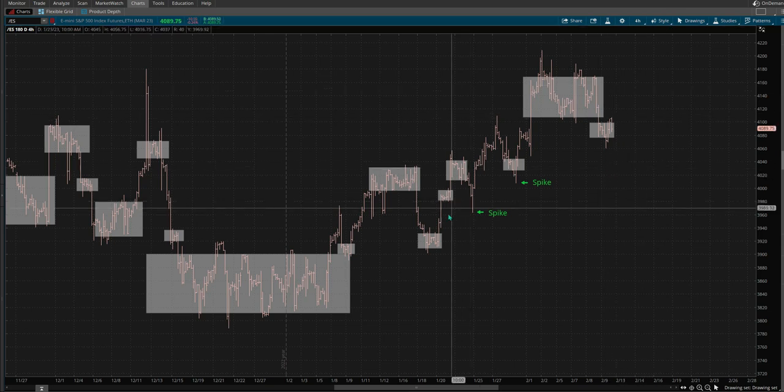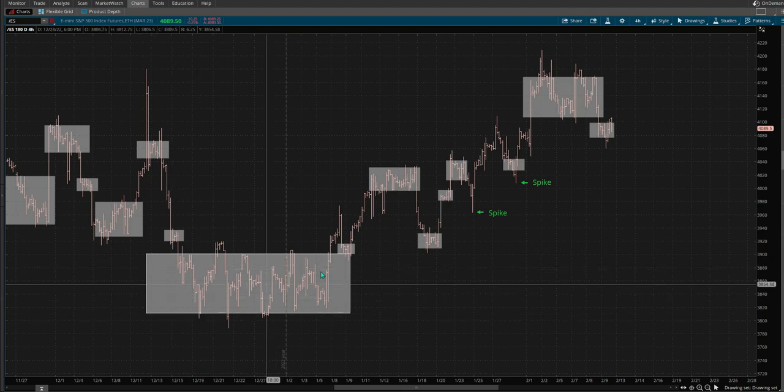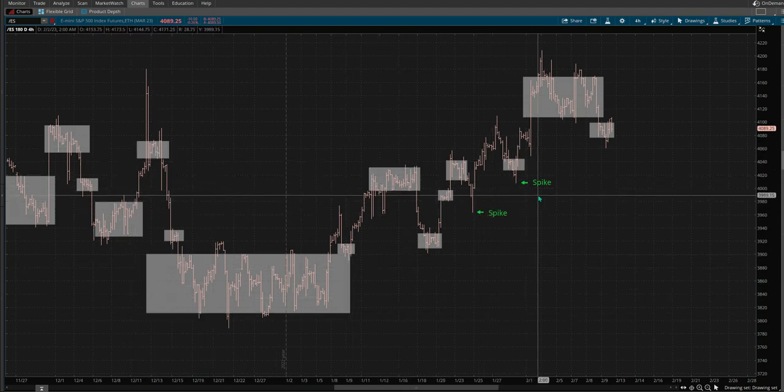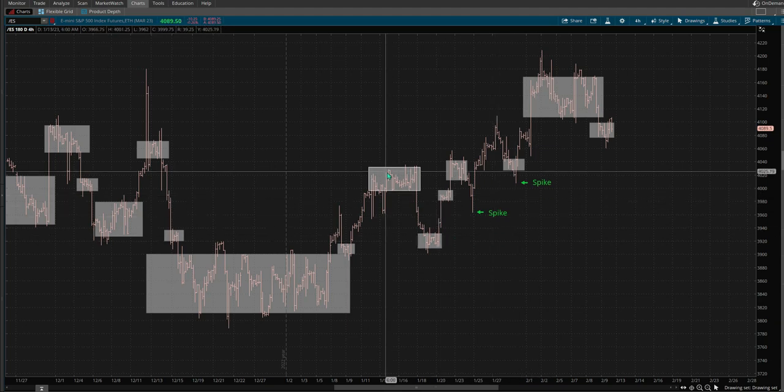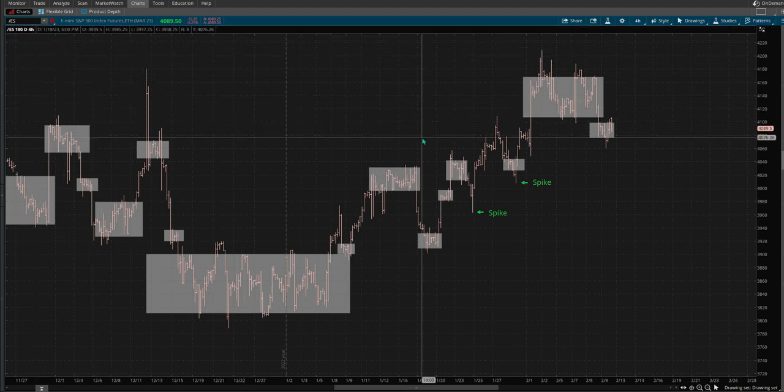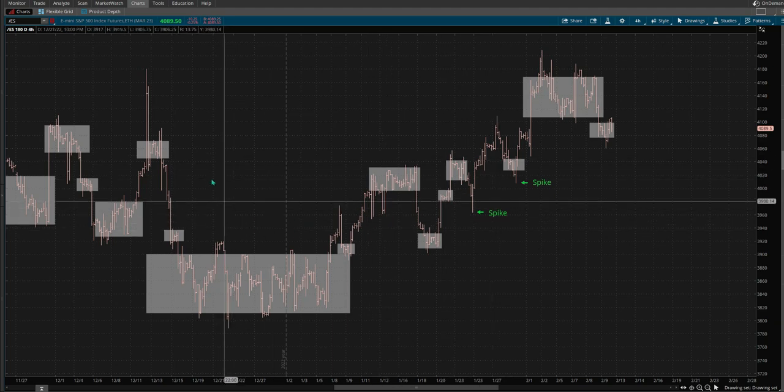So okay, in this chart I put in these balance boxes, just as an example, and then I put the spikes. This is a chart that I trade, the ES, the E-mini S&Ps, and then there's some support and resistance lines within these.